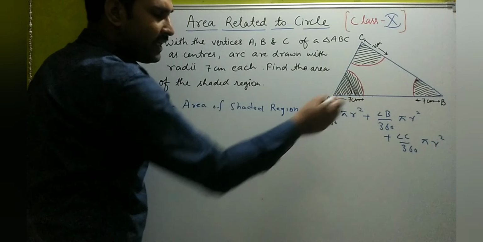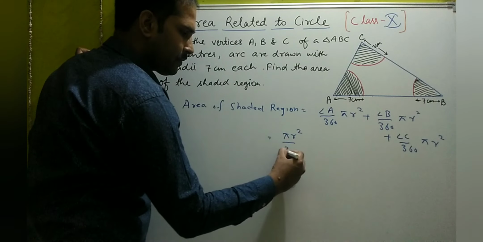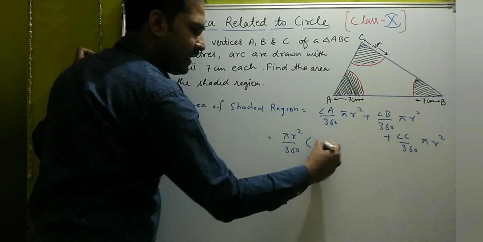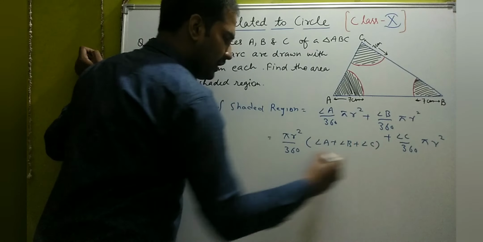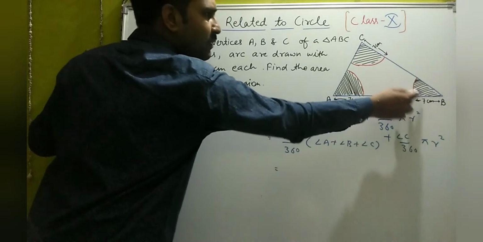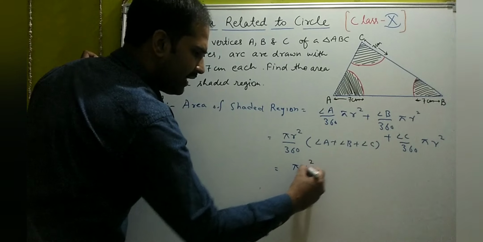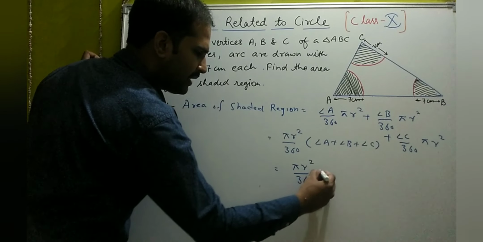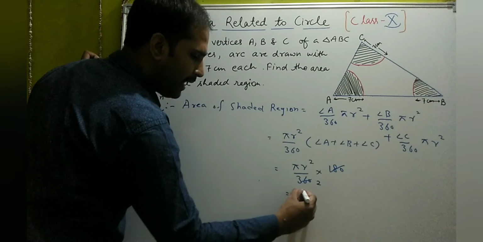So taking pi r square upon 360 as common, we get angle A plus angle B plus angle C. Now using the angle sum property, angle A plus angle B plus angle C is 180. So this is pi r square upon 360 multiplied by 180. So 180 twos are 360. This is half pi r square.